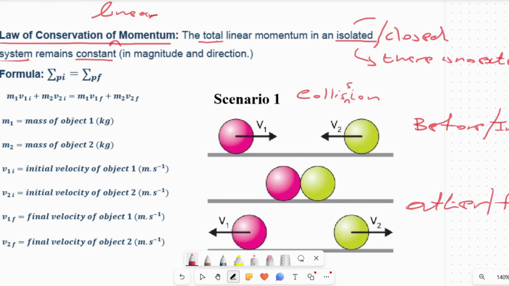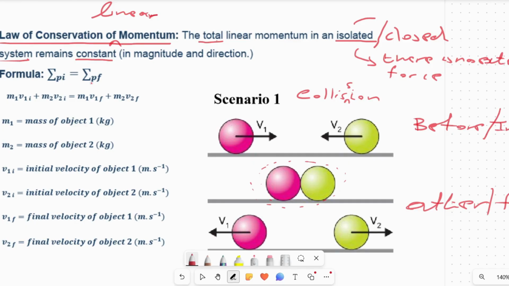Nothing disturbs the system, so it means nothing is lost. Whenever these two are interacting, nothing disturbs them. There is no other ball colliding with them during their collision, and nobody interfering with them as they collide. It's only the two of them. Then the total momentum before and the momentum they have after are going to be the same. That is very important.